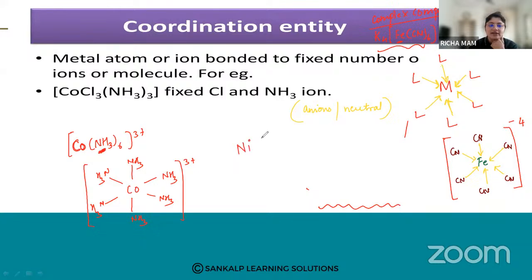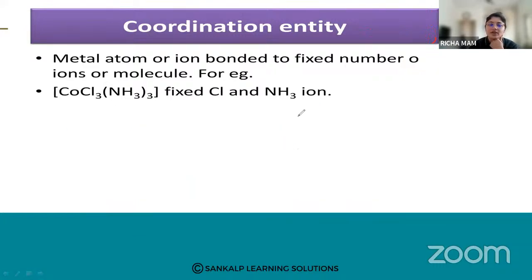Suppose I have a nickel tetracarbonyl compound. Here nickel is in the center, and you have four carbonyl groups. So this is another complex. Then we have Fe(CN)6 3-.